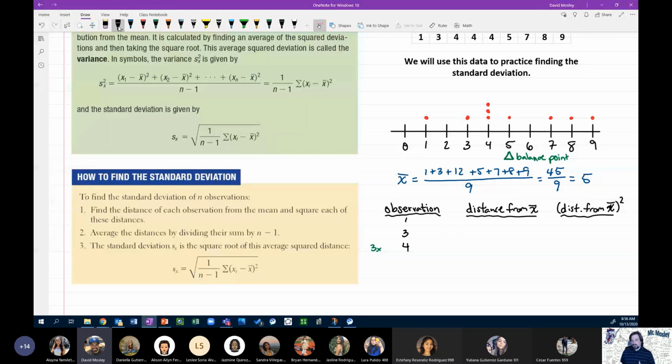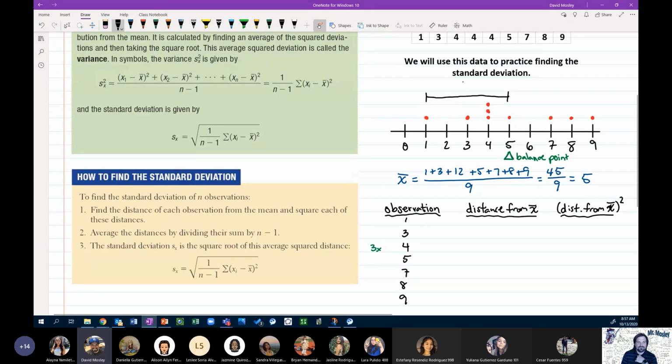If you really want to show all the work, you'd want to list all of them, but for the sake of time, there's 3 of those same ones, with the same distance and the same distance squared. So I don't necessarily need to show it 3 times. You get the point. We have 5, 7, 8, and 9.